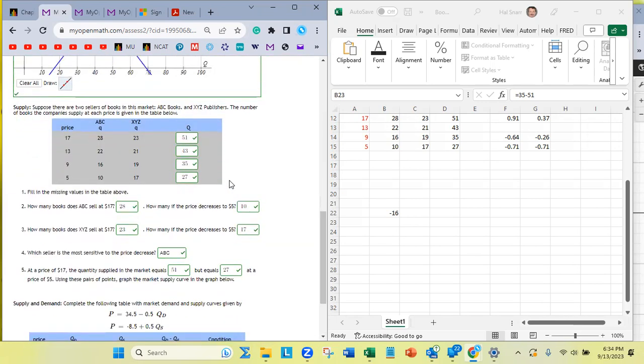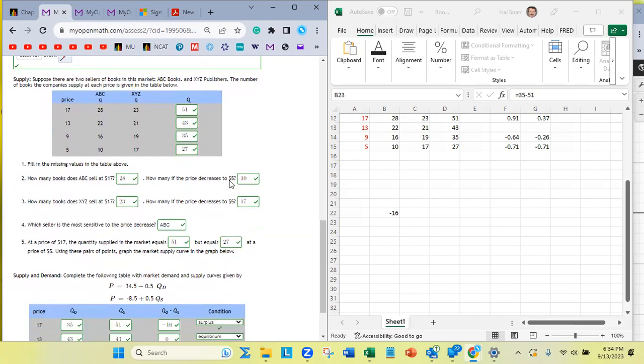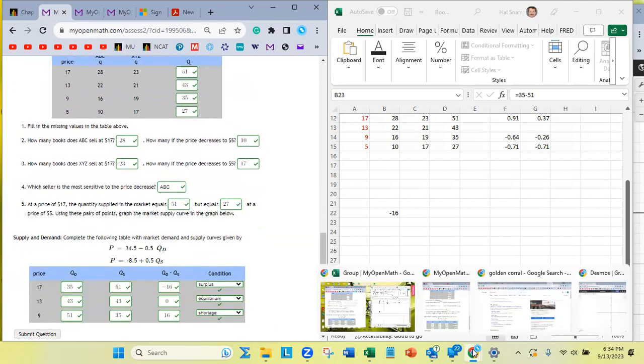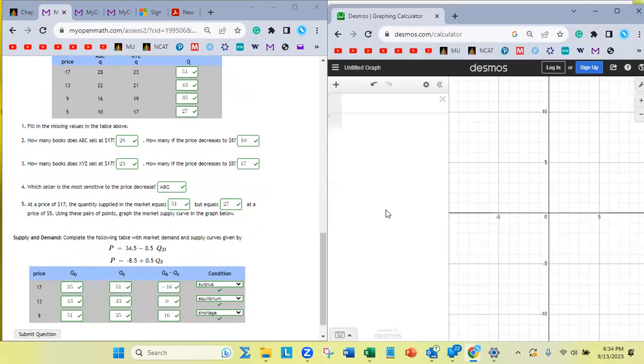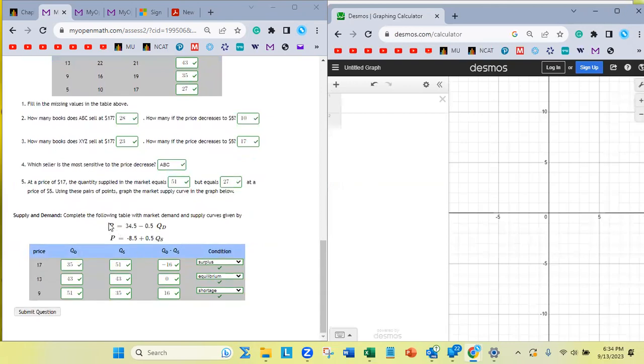Okay, and that's our first lab. Let me show you how Desmos works real quick. In Desmos, I can actually just copy this equation here, I think. Maybe I can't. Okay, for some reason I can't copy that. Let me just type it.